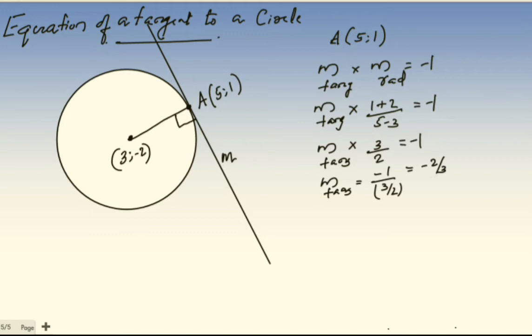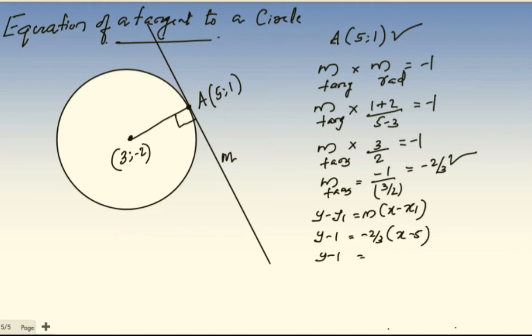We got it. So one point on the tangent is there, gradient of the tangent also there. We can find the equation very easily. Formula is y minus y1 is equal to m times x minus x1. Substitute. That is y minus 1 is equal to minus 2 over 3 times x minus 5. Then simplify. y minus 1 is equal to, open the bracket with the minus 2 over 3, that is minus 2 over 3 x plus 10 over 3.